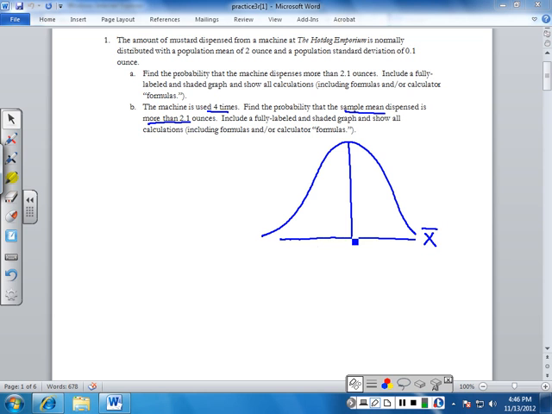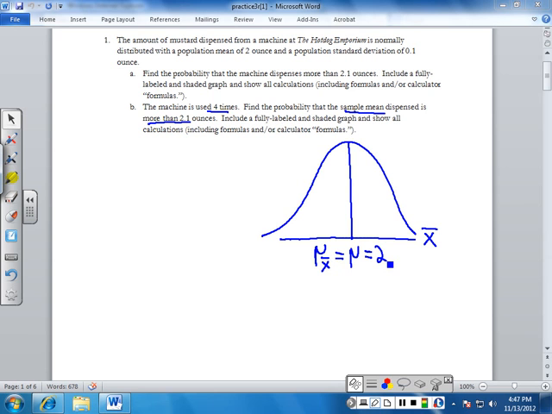Now the mean of this distribution, all this mean is the mean of the sample means. So that's the distribution, is equal to the mean of the population. So that's still 2. But it's narrower because we have a sampling distribution.